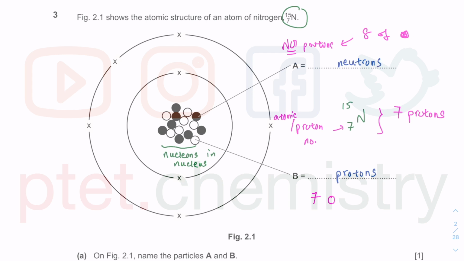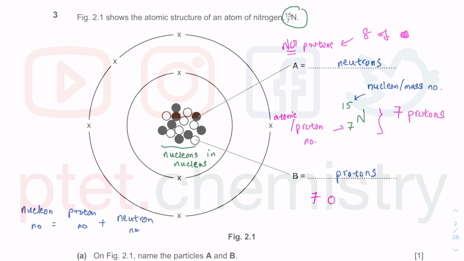How do you know there are 8 neutrons? Because the number on top is what you call the nucleon number, or we can call it the mass number. So the nucleon number minus the proton number will tell you the number of neutrons. The nucleon number is equal to the proton number, basically the number of protons, plus the neutron number.